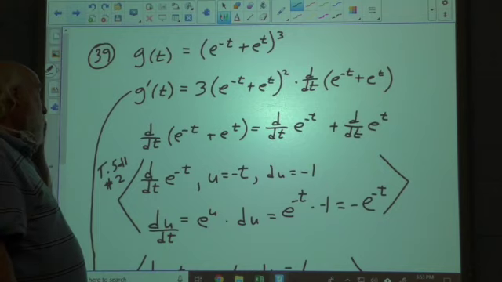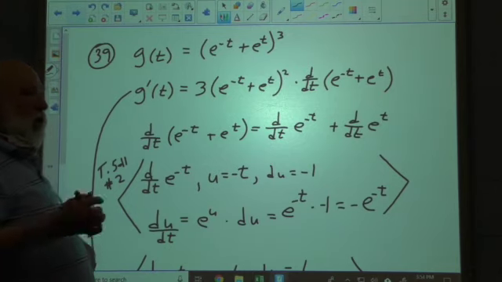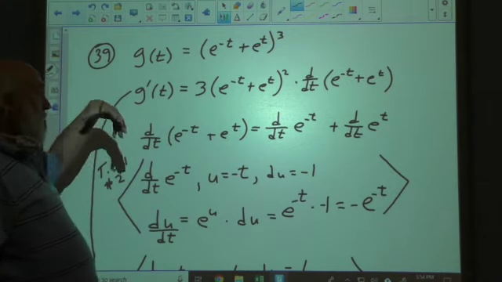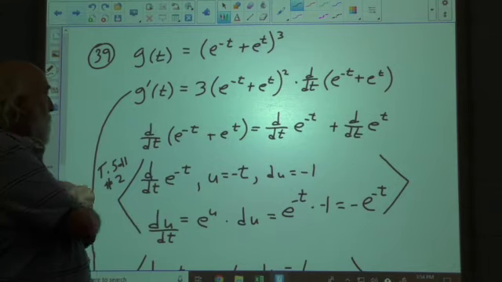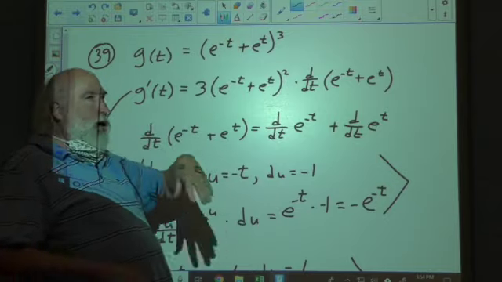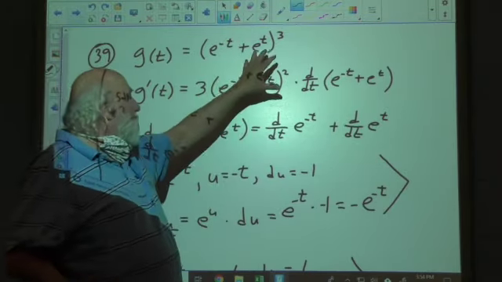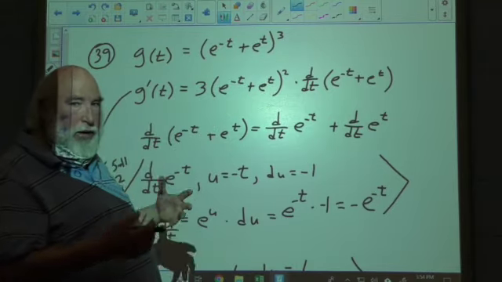Number 39 is a little more involved, but not really. We have to be careful when we decide to use u. Sometimes we don't need to. This is one of those situations where we start off not needing to. If we derive this, and pretend like this is a u if you want to, but you don't have to deal with the inside until we get the major picture done.